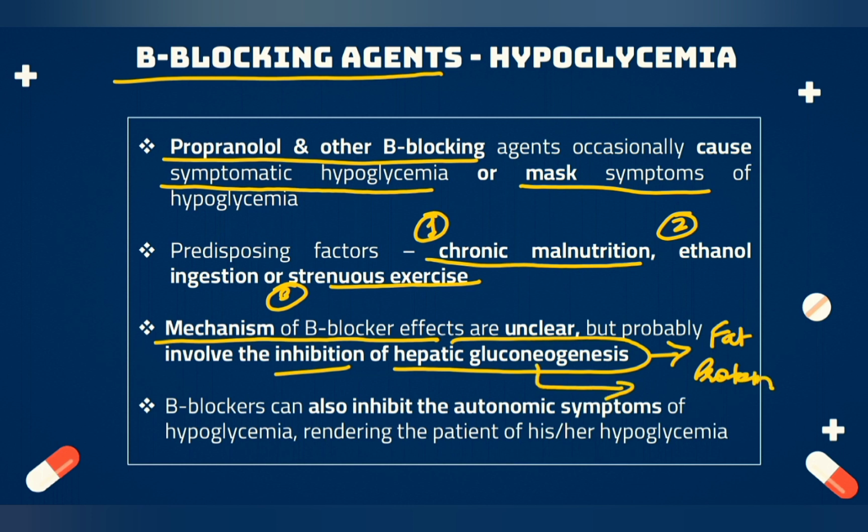In such a condition glucose will not be produced in the liver, and then there will be a decrease in blood sugar level. Apart from that, beta blockers also inhibit the autonomic symptoms of hypoglycemia, so the person will not feel or be aware of his hypoglycemia.